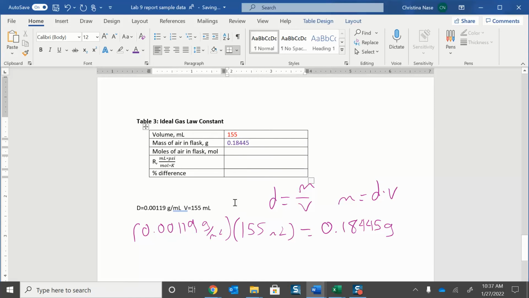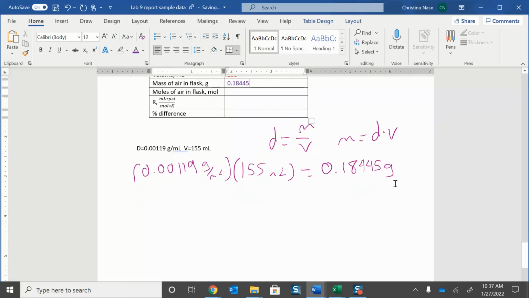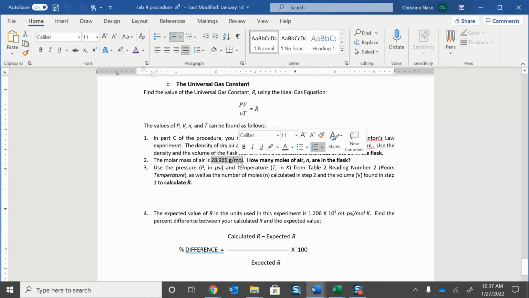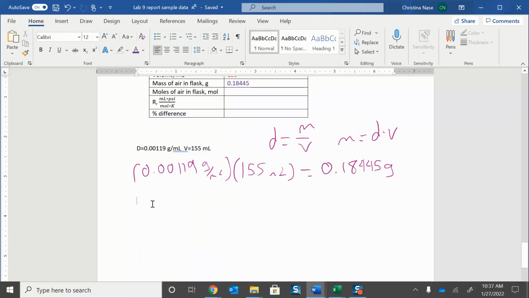Now to find moles, I need to know the molar mass. If I know grams and I know how many grams I have per mole, I can figure out how many moles I have. That's what we're doing in step 2 here. They tell you the molar mass is 28.965. I can take these 0.18445 grams and divide by the molar mass, 28.965 grams per 1 mole.